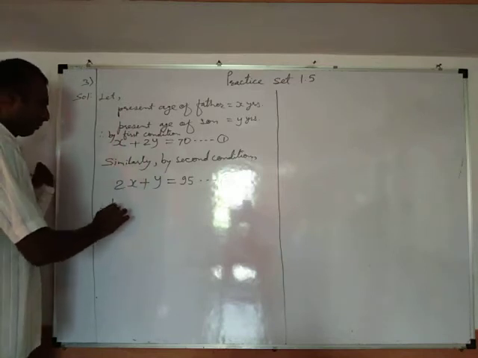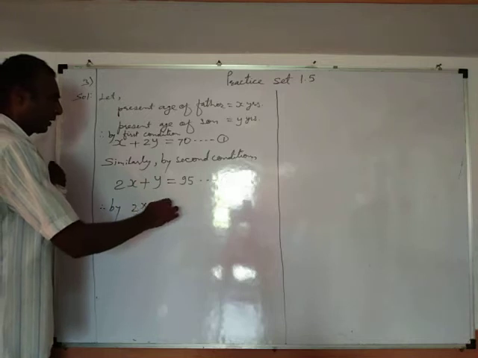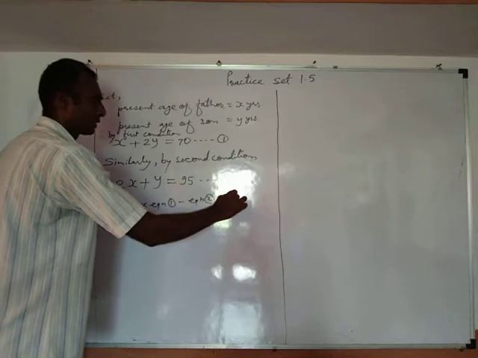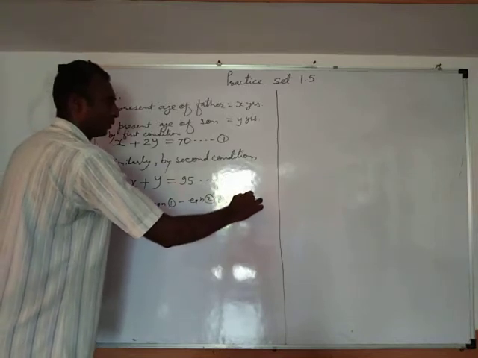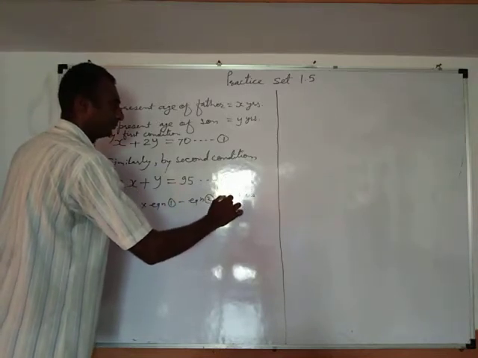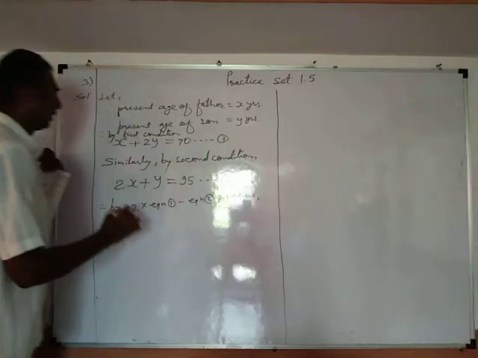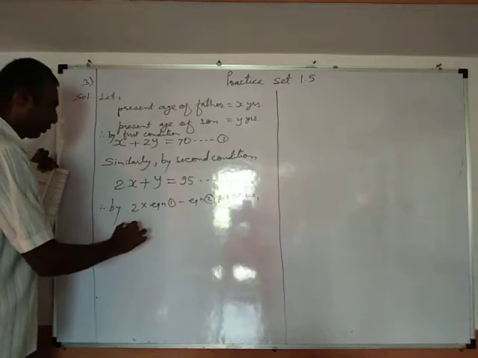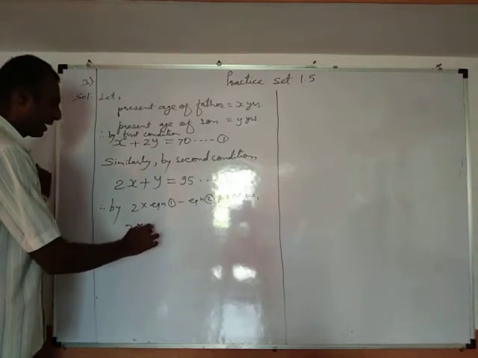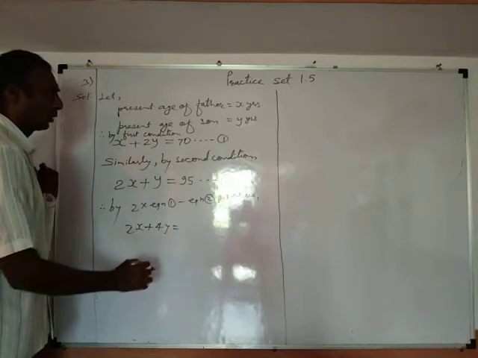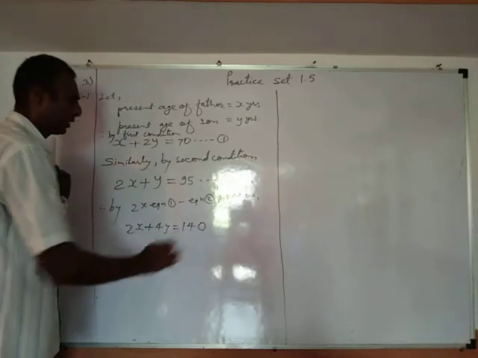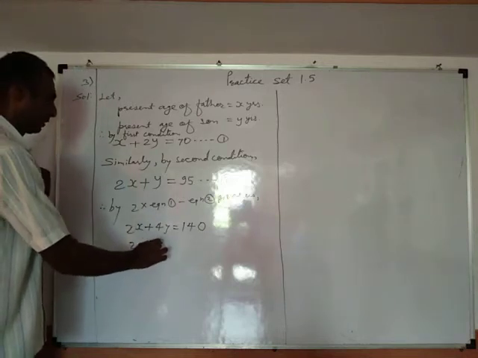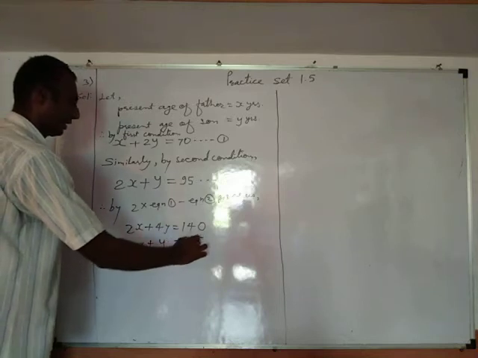Therefore, by 2 into equation 1 minus equation 2 gives us, let's see what it gives. Okay, 2 into equation 1: 2 into x, 2x, 2 into 2y plus 4y, 2 into 70, 140, and equation second is 2x plus y equals 95.